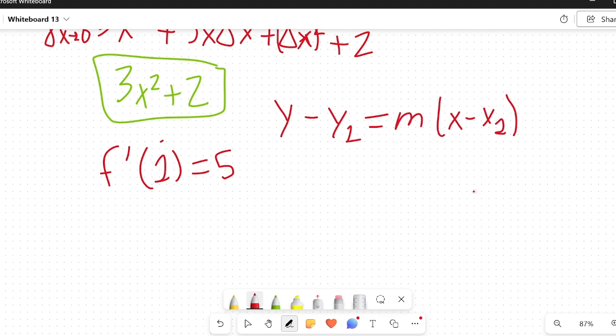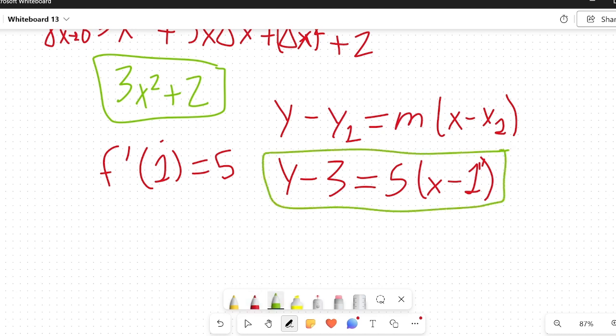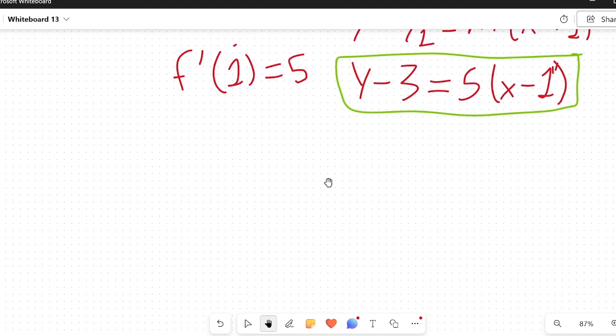So all we have to do is y minus 3, because our point is 1, 3, equals 5 times x minus 1. And it should be pretty obvious how to simplify this, but just make sure on the actual AP test you simplify this. This is what our tangent line is going to look like. So you could receive any one of those three problems on the actual test, right?